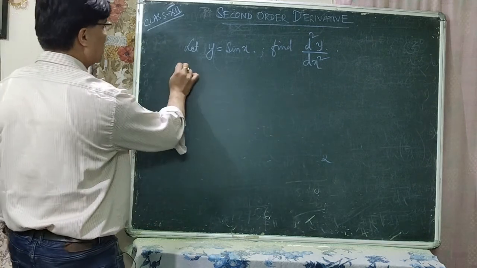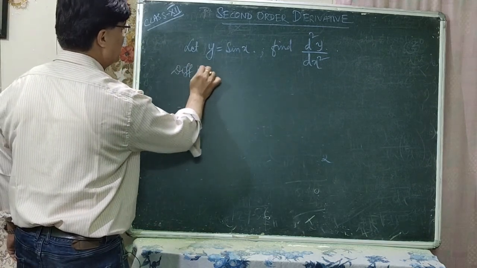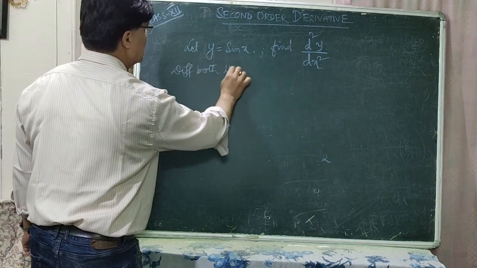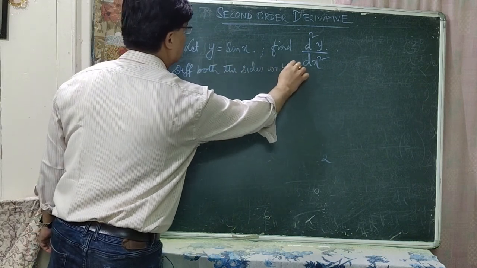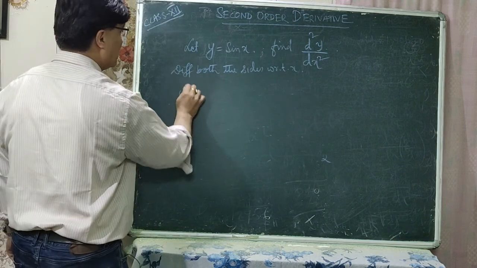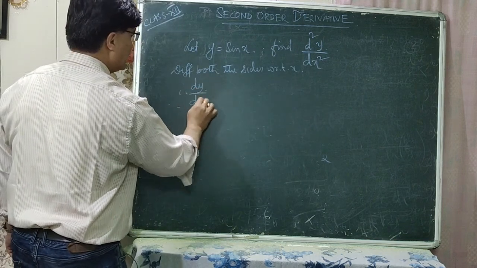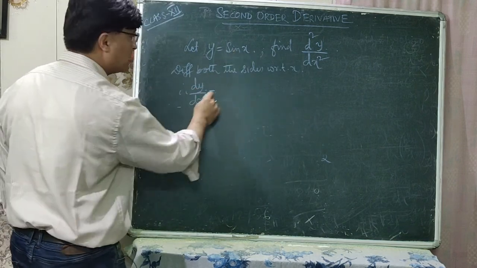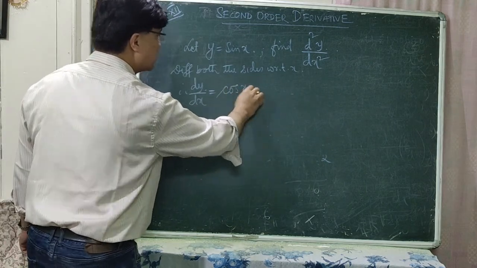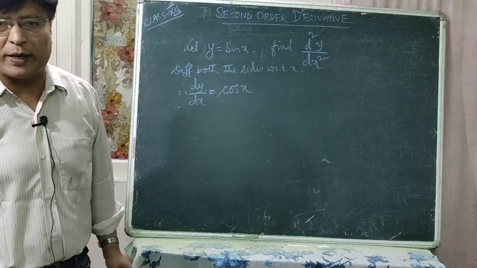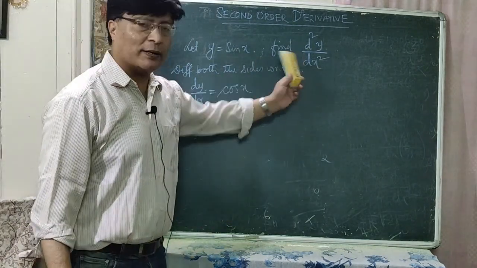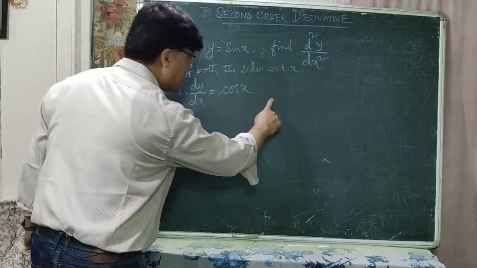So now differentiating both the sides with respect to x. So therefore dy by dx is equal to, what is dy by dx of sin x? It is cos x. Okay, but since you have to find out d square y by dx square, or it is read as d2y by dx square, तो यसलाई हामी फेरि के गर्छौं?